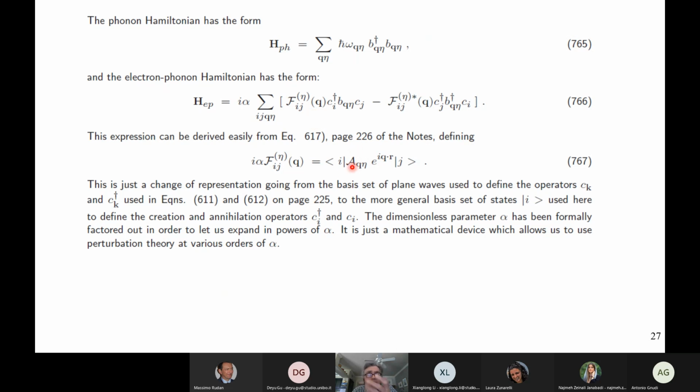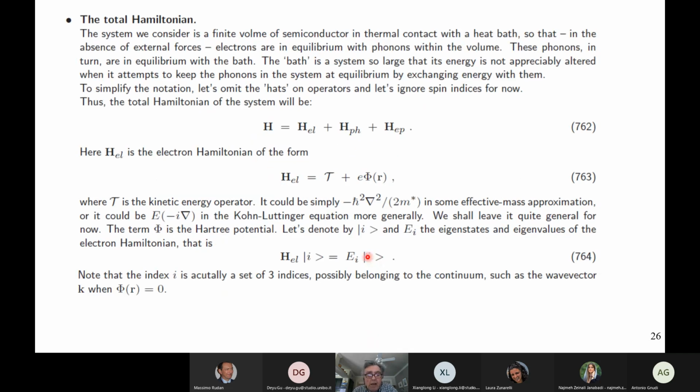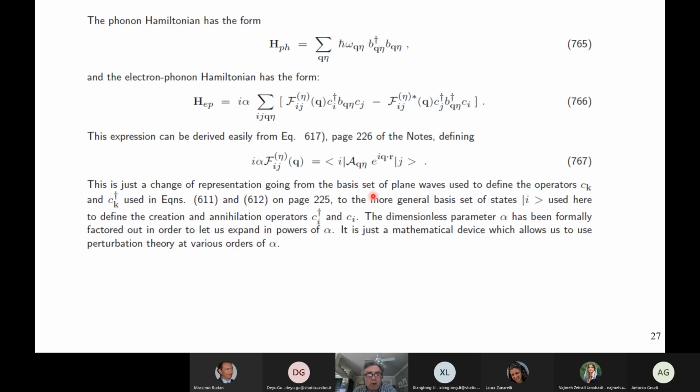If you remember, this coupling constant script A for a wave vector of momentum q and polarization eta, except that I'm representing it in the representation of the eigenstates of these guys. If these are plane waves, because the potential is 0, this f of q will be exactly A of q, no difference. But in general, if these are confined states, different states, traveling waves, scattered waves in a given potential, this is the form that I have, easy to do.